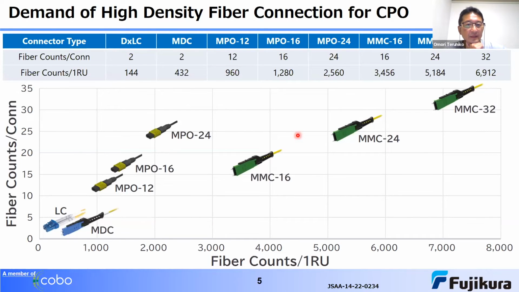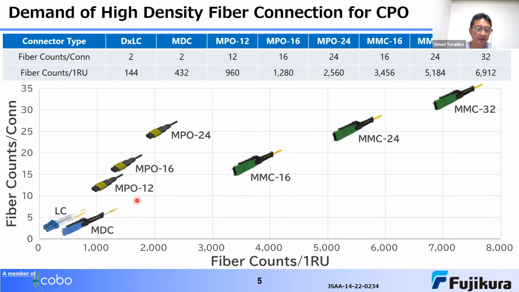Next, this slide shows a summary of fiber density per 1 RU versus fiber granularity per connector.